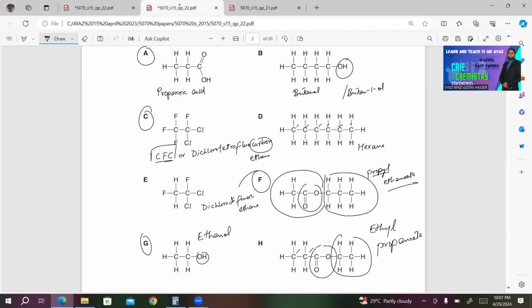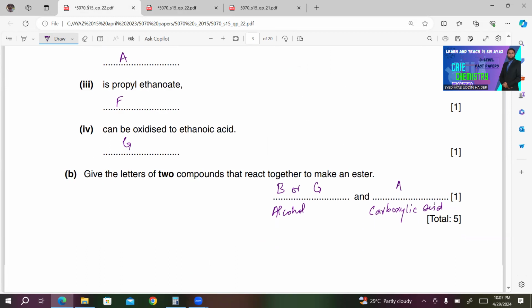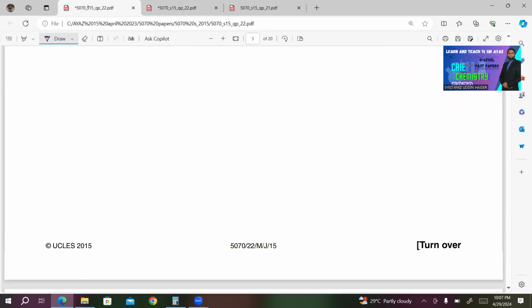So for alcohols, you can have either B or G. So what about carboxylic acid? We have A only. So B or G and A. Moving to the next question.